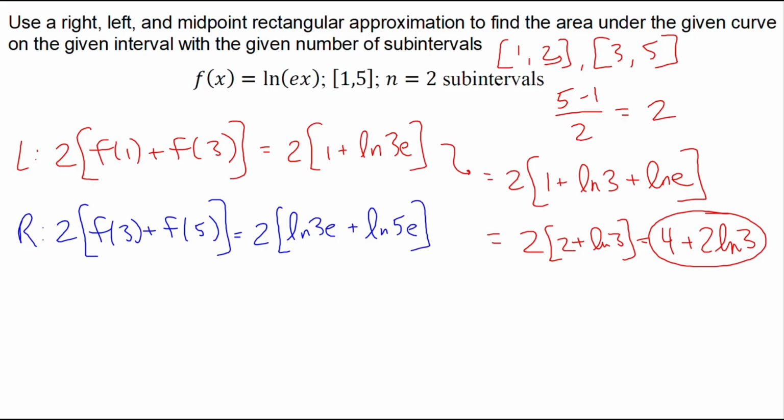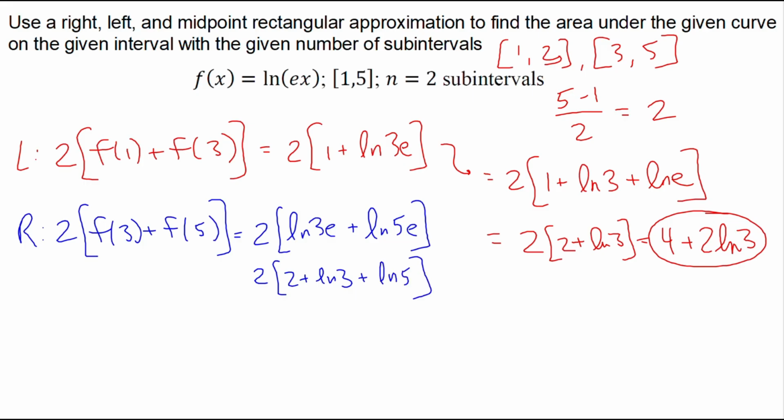And so we should just be able to rewrite each of those, right? The natural log of 3e is just, like we said before, 2 plus the natural log of 3. So we have 2, and then we have 2 plus the natural log of 3, and then this one should be the natural log of 5 plus the natural log of e. So that's going to be plus another natural log of 5.